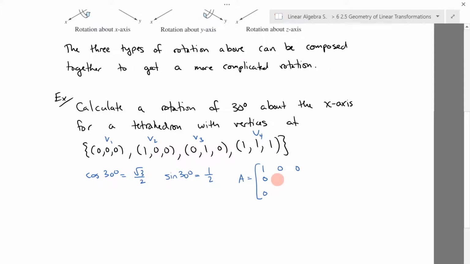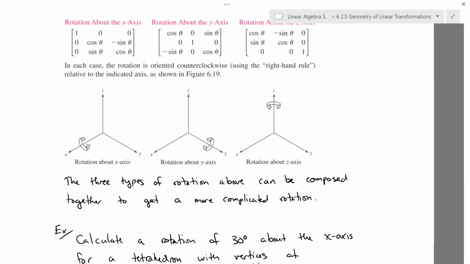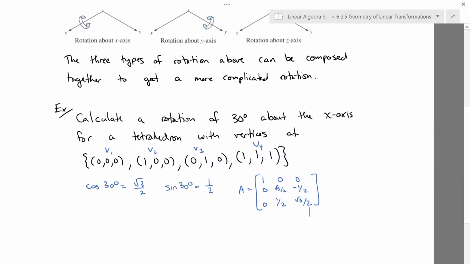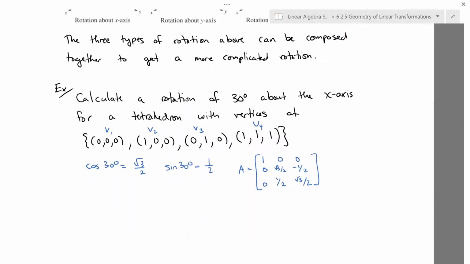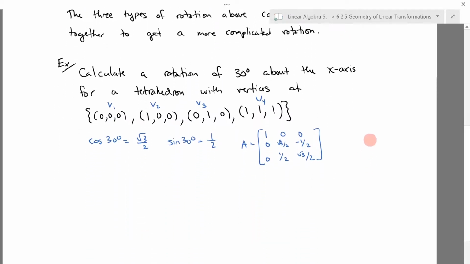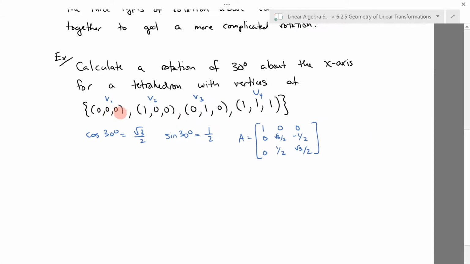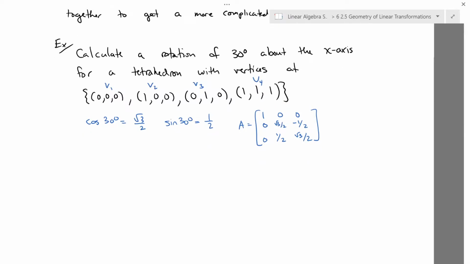So this is cosine, so square root of 3 over 2, minus sine, which is minus 1/2, sine, which is 1/2, and then cosine, which is square root of 3 over 2. Okay, so now that we've set up the rotation matrix, to calculate the rotation now, we just need to apply the matrix to each of these 4 points.